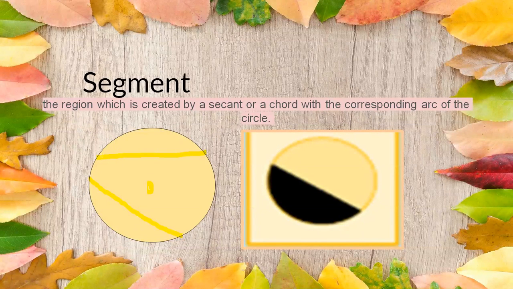And when you highlight this area, this is known as the segment, some part of it, with the corresponding arc of a circle. How do you identify it? Because it's an arc, the rounded part of a circle. So, that is called the segment.